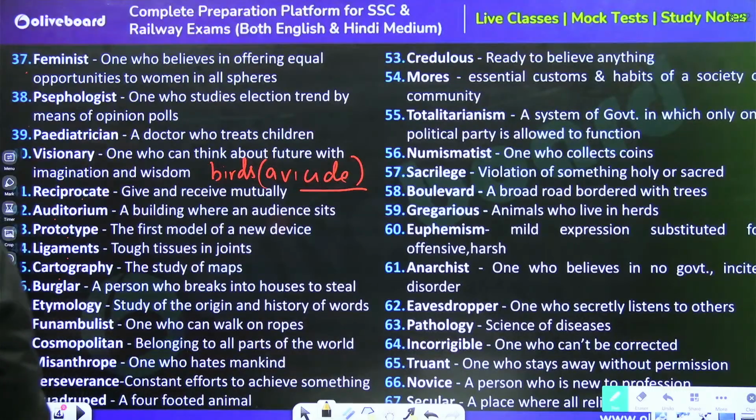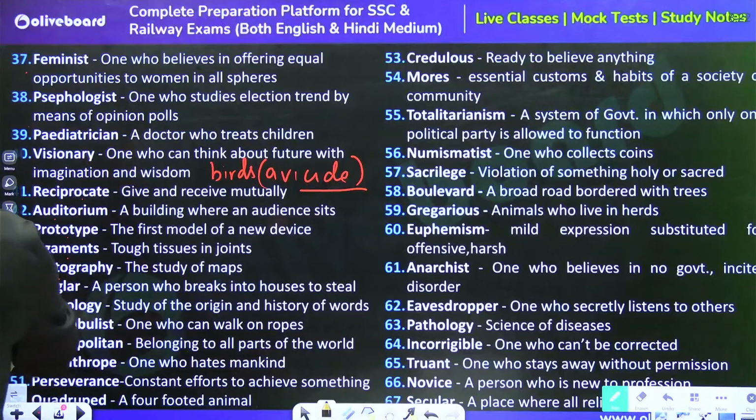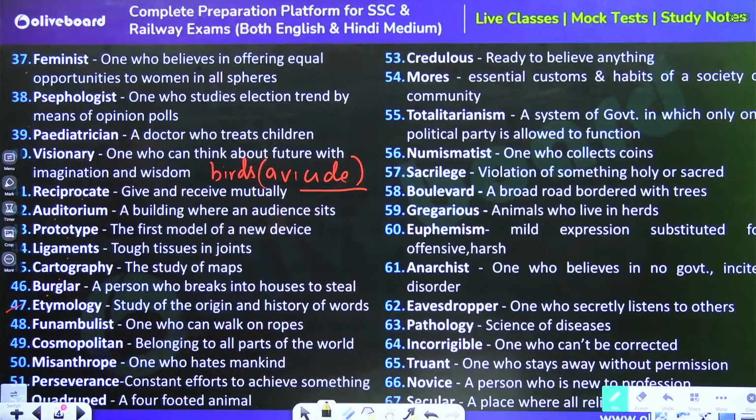Cartography, the study of maps, quite a common word asked by SSC. The one who enters houses and then steals there, I repeat, the one who enters houses and then steals there is supposed to be a burglar. Etymology, my favorite, the study of origin of words, how it came into existence. That's the etymology.